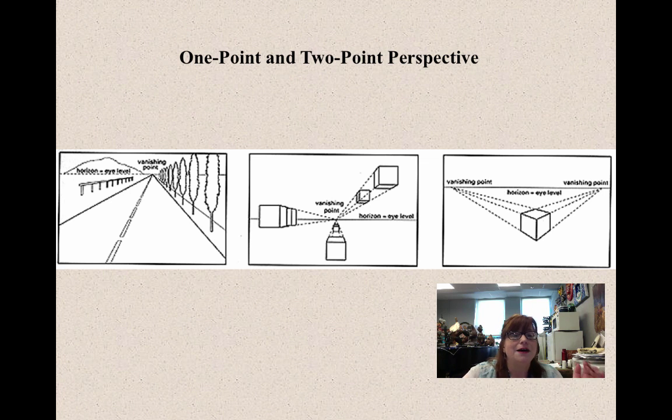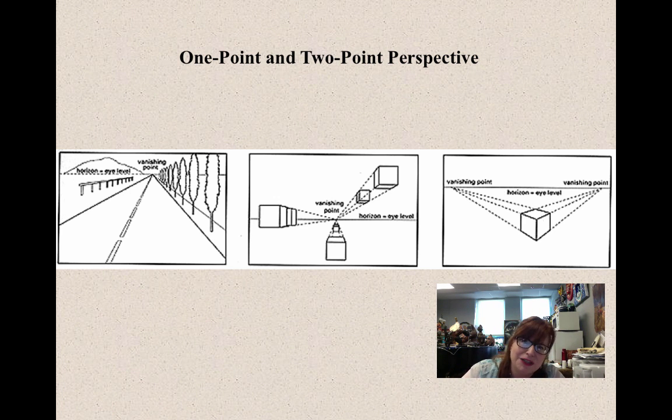You can see there's a horizon, that horizontal line, and there's the vanishing point. Everything recedes back to that vanishing point. And then here we have two-point perspective because there are two vanishing points. So this is a very simple look at it. Let's look at it from an artistic perspective.